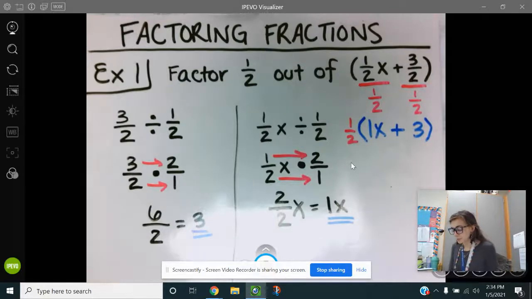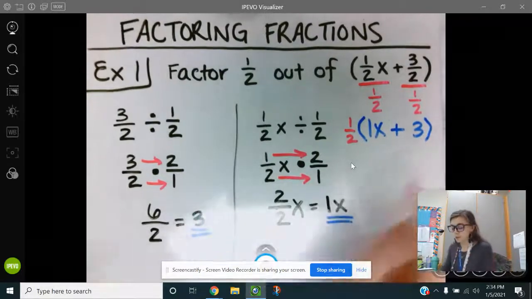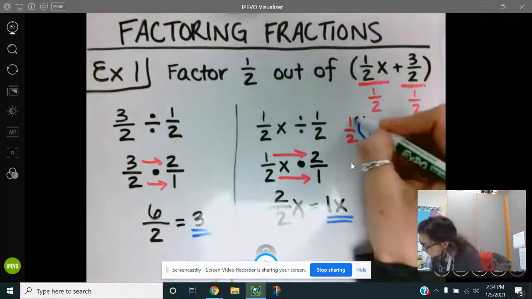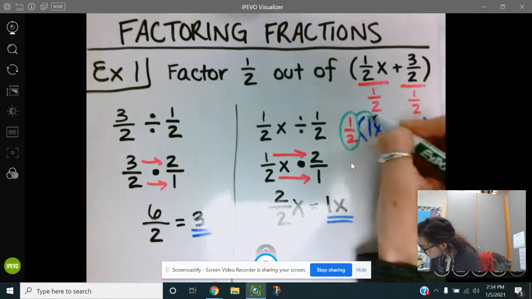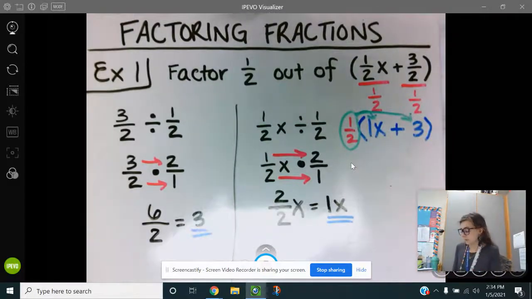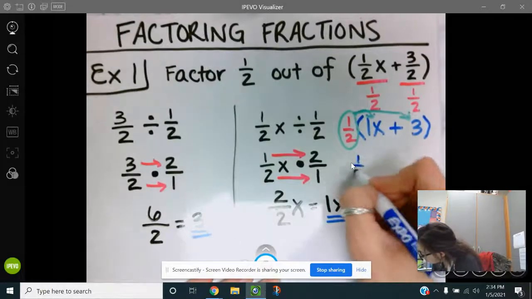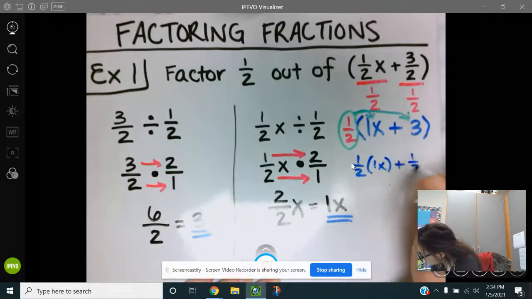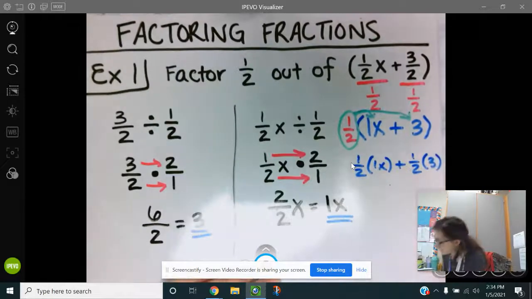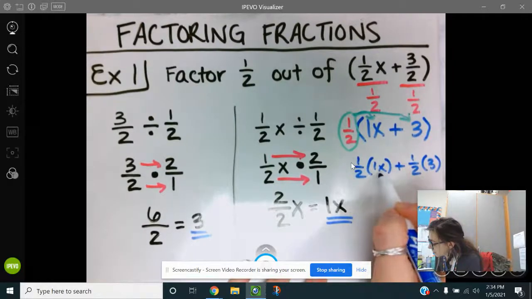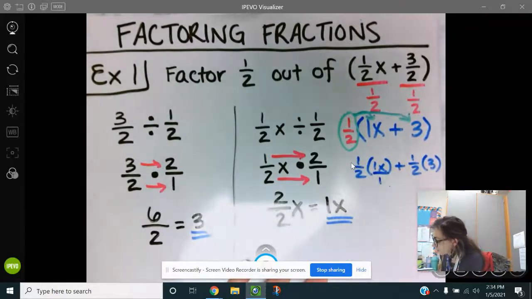All right, so now we can use the distributive property to check our work, see if this actually is the correct answer, which means we're distributing the 1/2 here and the 1/2 over here, which is going to give us 1/2 times 1x plus 1/2 times 3. 1/2 times 1x, this is like 1x over 1.